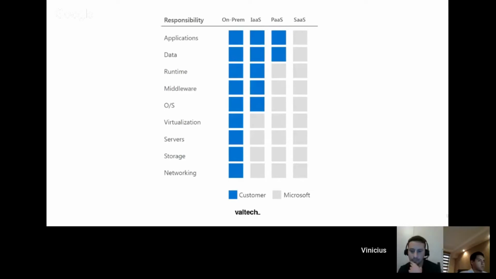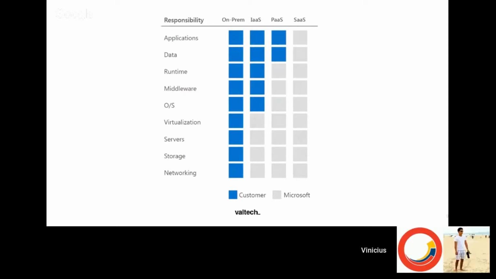And just for further information, here is how your responsibility changes depending on the choice you make: going on-prem, or choosing infrastructure as a service, platform as a service, or software as a service. The blue squares are the customer, which means you or your company, and the gray ones are Microsoft, in this case Azure. When you go on-prem, everything is on you.